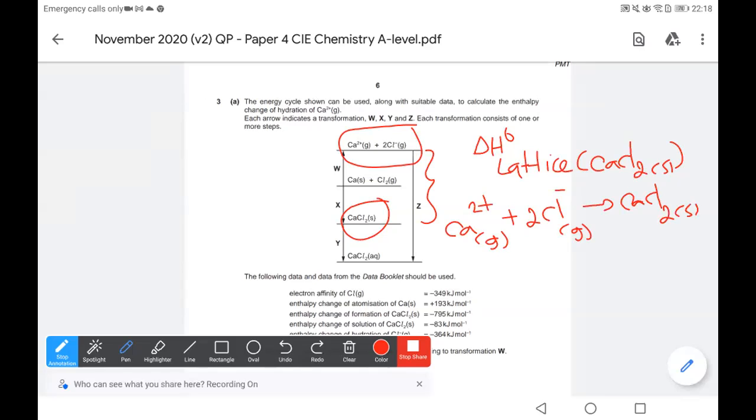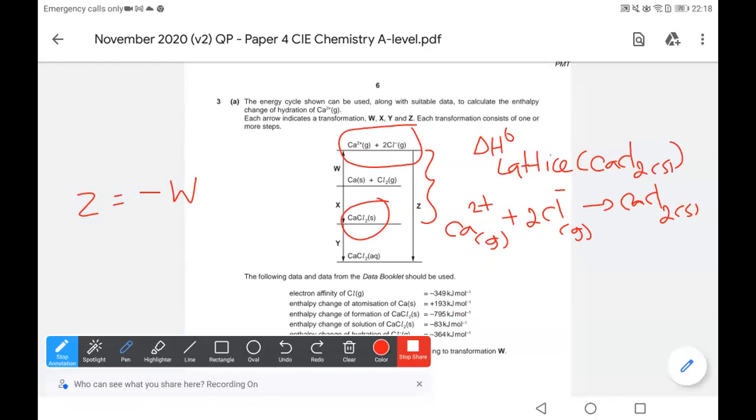Here we can write Z equals minus W. According to the Lavoisier and Laplace law, you can take the opposite direction of an arrow by changing the sign, positive to negative or negative to positive.